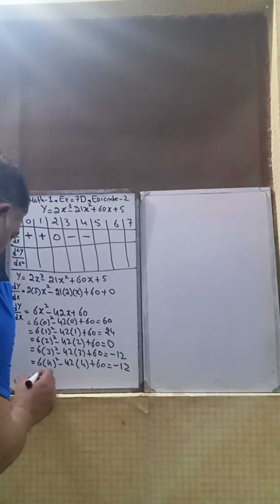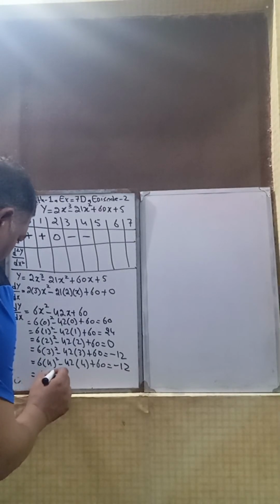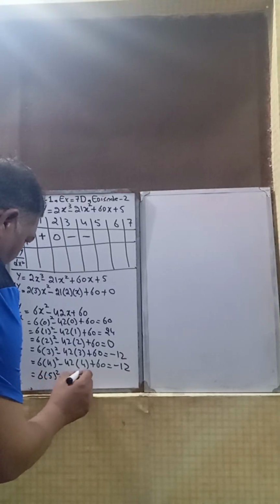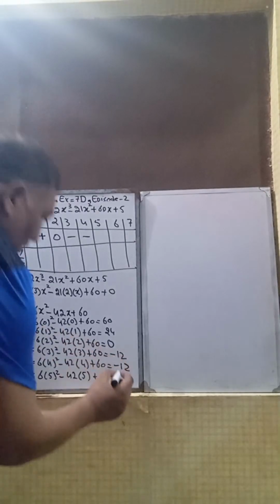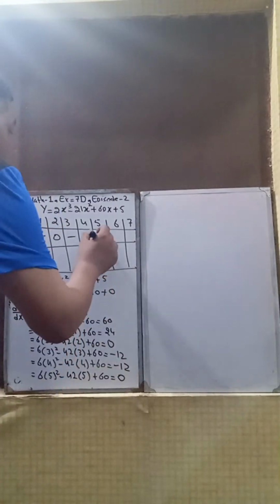So it will be 6 into 5 square minus 42 into 5 plus 60. So this will be equal to 6 multiply 25 minus 42 multiply 5 plus 60 equals to. The answer is 0. So I will write here 0.